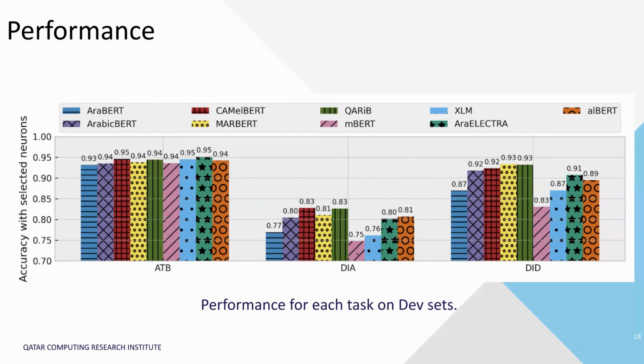For dialectal Arabic part of speech, multilingual BERT contains only Wikipedia, which is not that diverse, so it performs the worst.